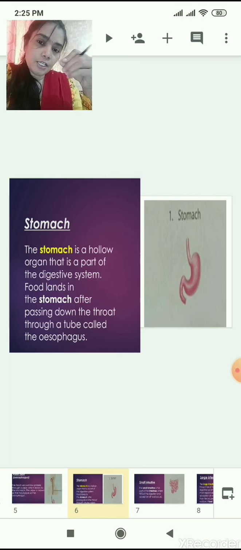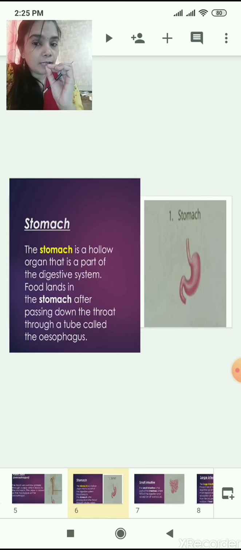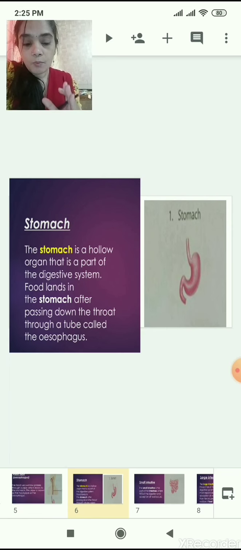It's very small, then when you start blowing, it becomes bigger. Same way, our stomach is extremely folded, and this enables it to expand and hold a large amount of food.